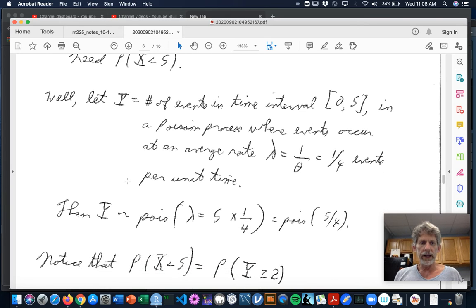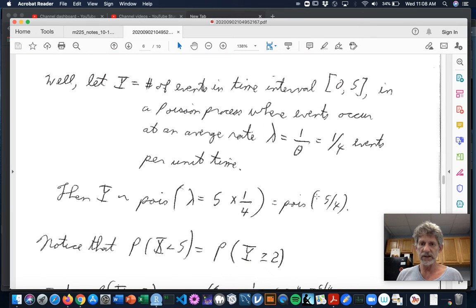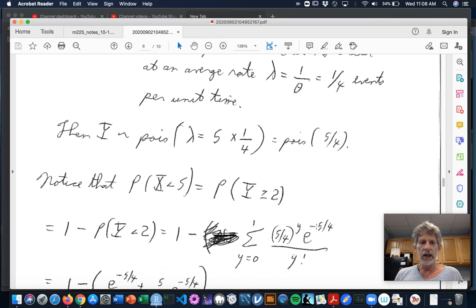And I would like to find the distribution of capital Y. Well, it's going to be Poisson because it's counting the number of events in a time interval, but that's not a unit time interval. So the lambda for this Poisson is going to be the width of that time interval, 5, times the lambda for the Poisson process. And so Y is distributed as Poisson where lambda is 5/4.